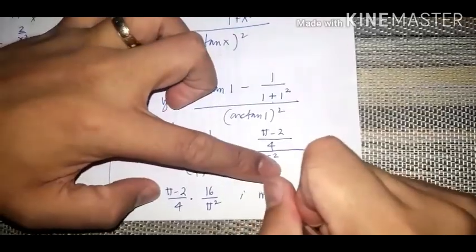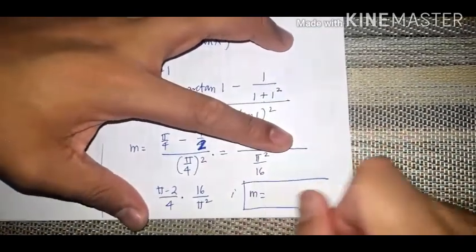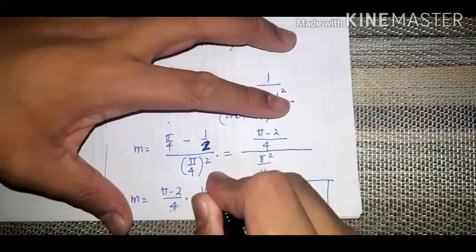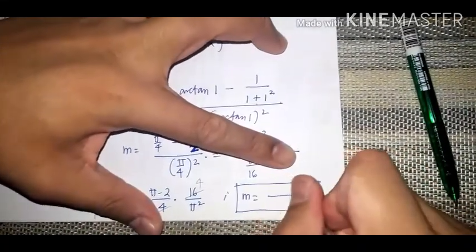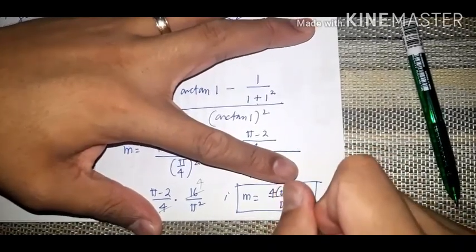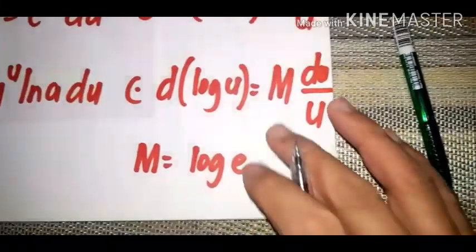So, your slope here is therefore equal to, that 16 cancels out, may matitirang 4. So, that's 4 times pi minus 2 over pi squared. So, that therefore is your slope at that particular value of x, which is 1.